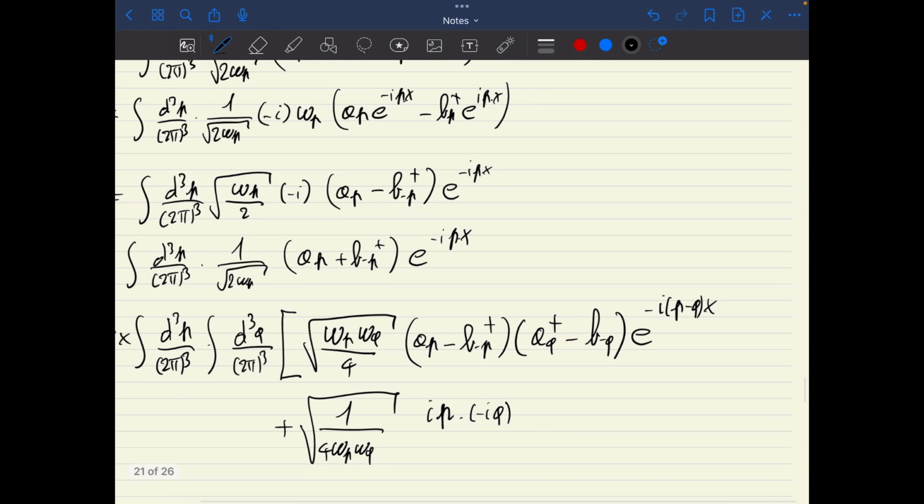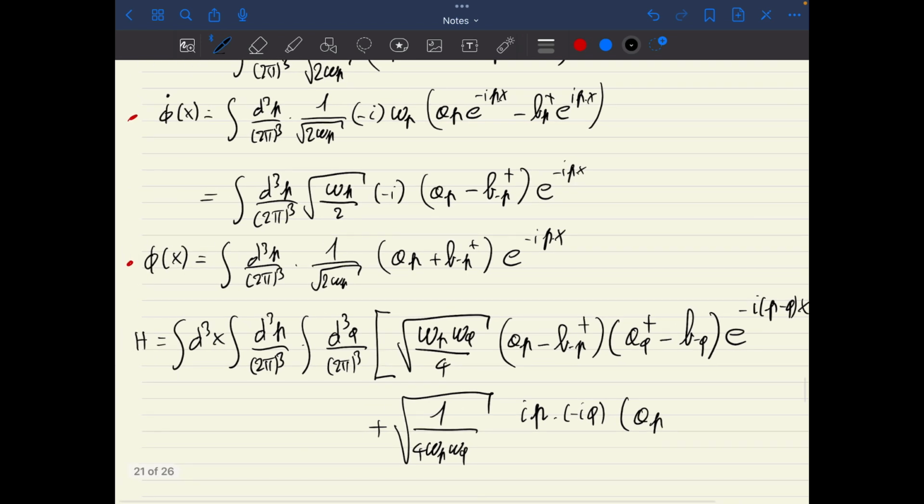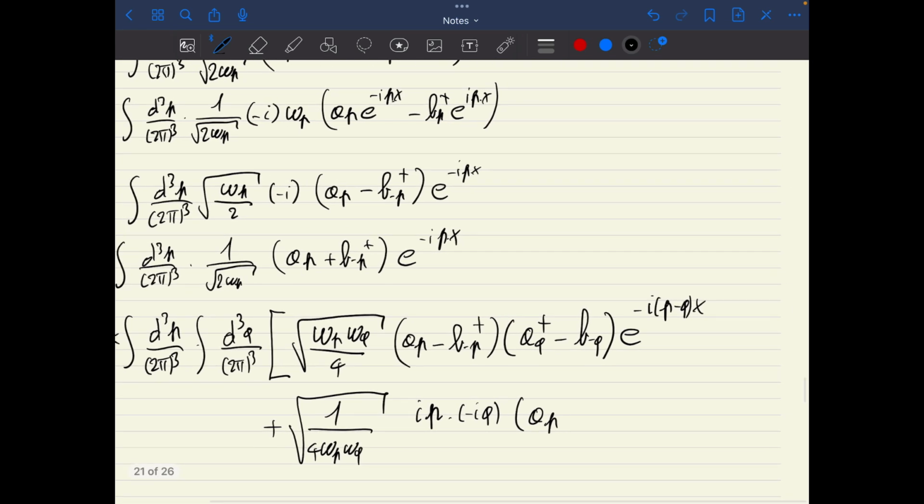And then we just have the operators, so A, B, star, because the first term is star, minus B p dagger, so here there's no dagger. So this term here is simply this one here, dagger.